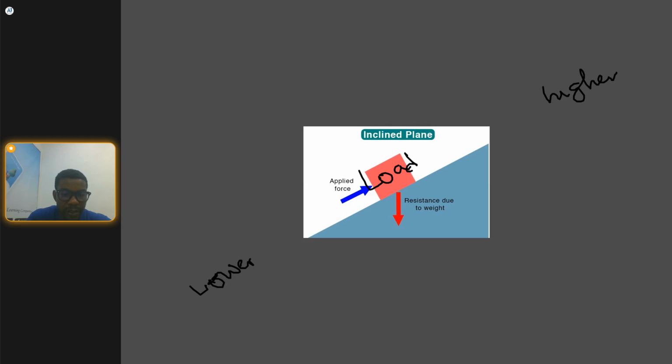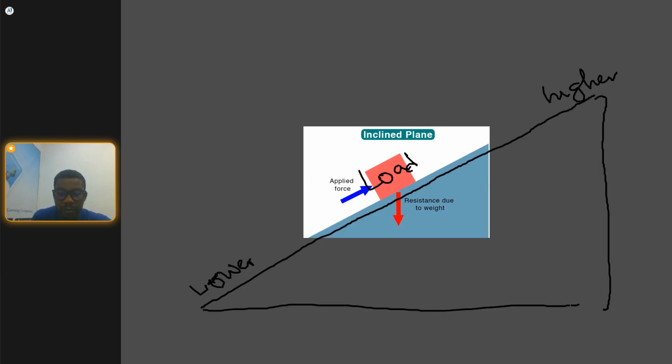One thing you need to know about the inclined plane is that it forms a right angle triangle, where you have this to be 90 degrees. The inclined plane must form an angle with the ground.